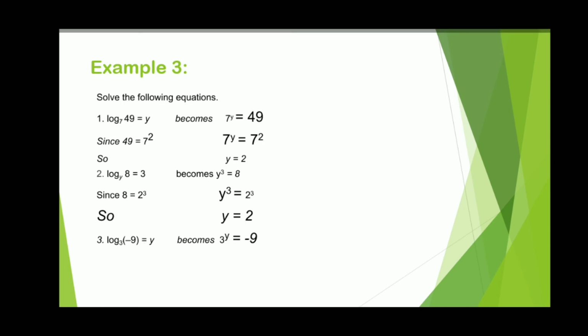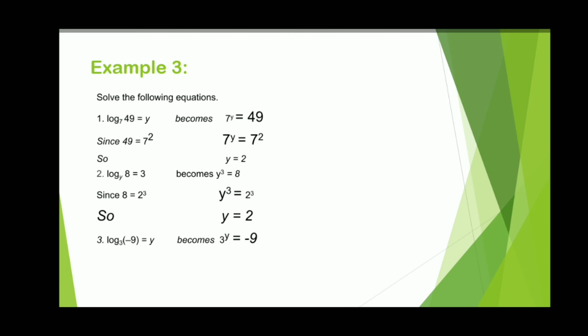Last example. Solve the following equations. Number 1, log base 7 of 49 equals y. We change positions again. Since 49 equals 7 with the exponent of 2, the log base 7 and the y become 7 with the exponent of y equals 49.